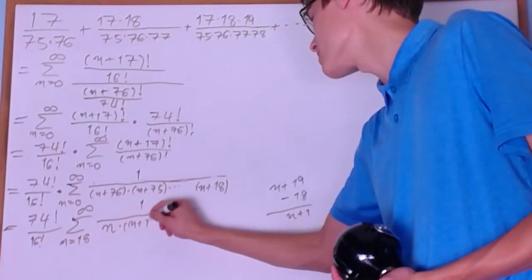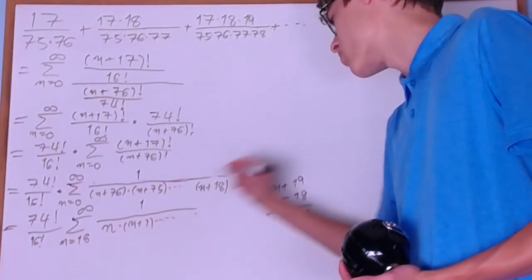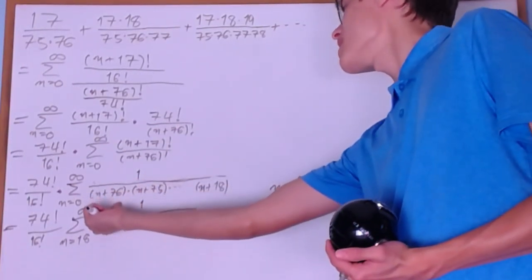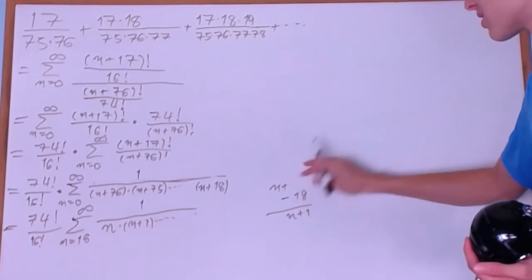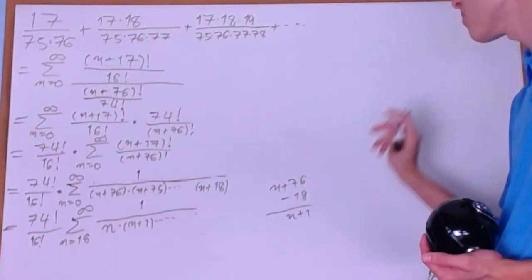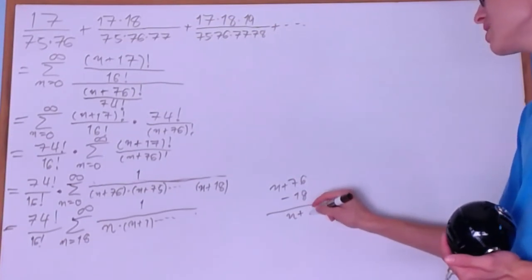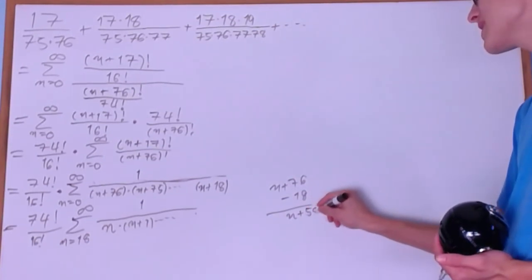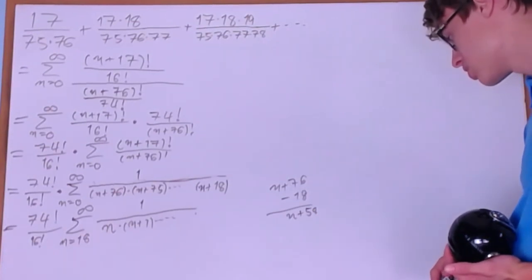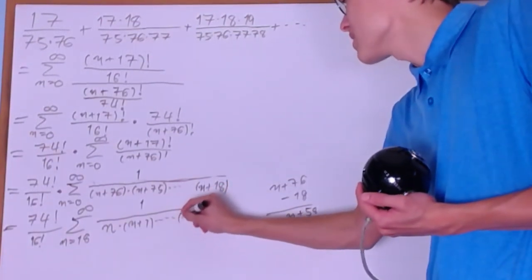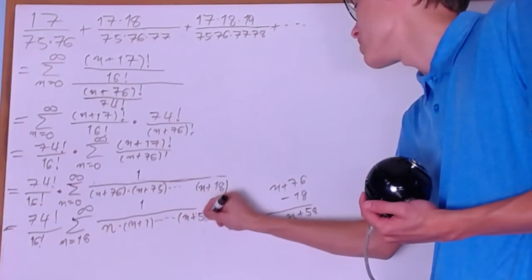So we'll have n times n plus 1, so on and so forth, going all the way up until the end of this sequence, which is now n plus 76. So n plus 76 minus 18. 76 minus 18 is 58. Yeah, so it's 58. So right there at the end, we'll have n plus 58.